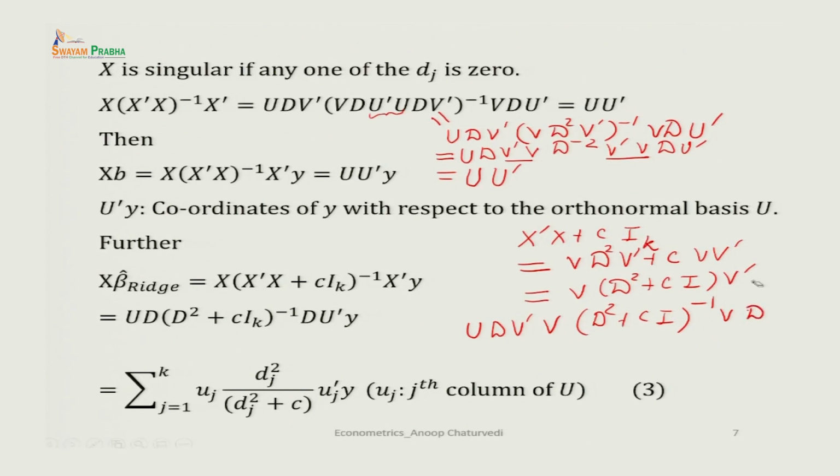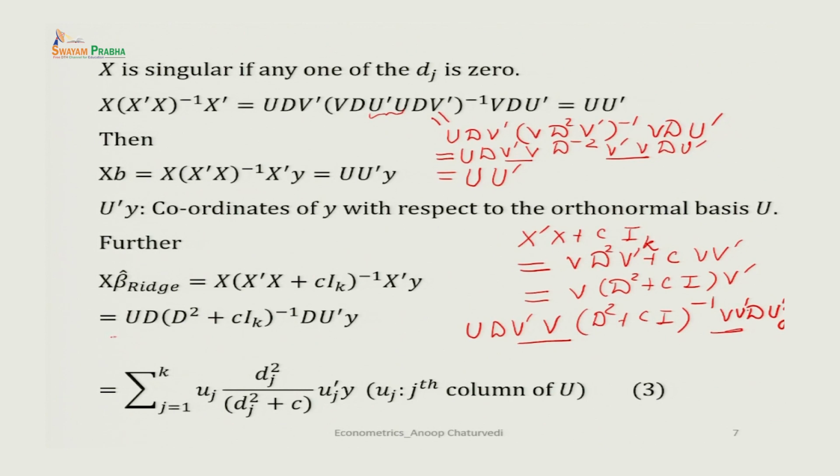actually you get V here, then U transpose y. Again V transpose V is identity, and actually you get V transpose here also. So, this is also identity, and then you have D U transpose y.